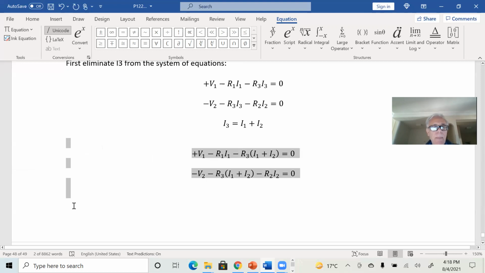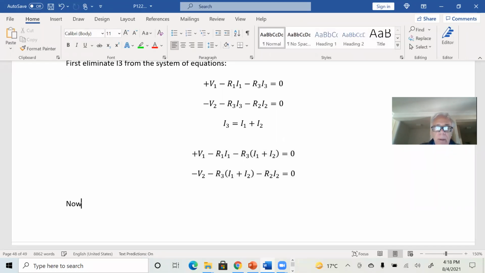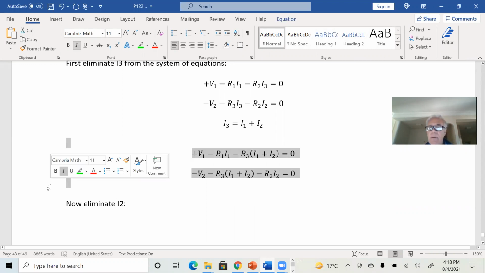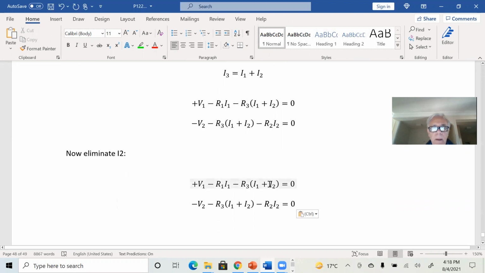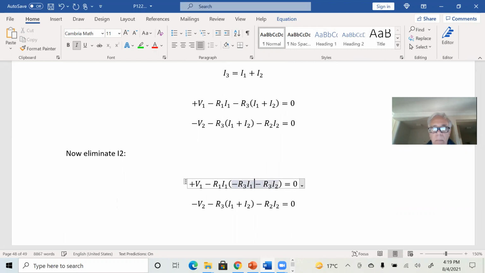Now it doesn't matter which one you eliminate. We eliminate I2 by writing I2 in terms of I1. Okay, so here we go. Because we have the same thing here, right?